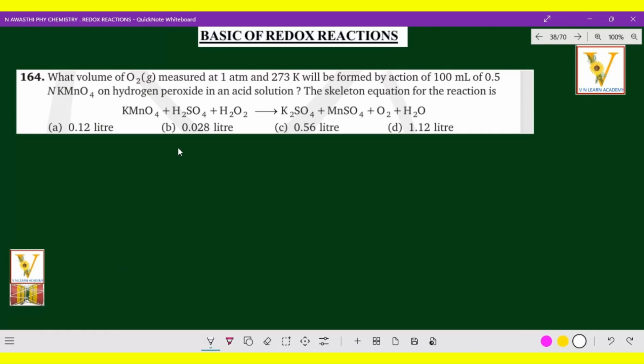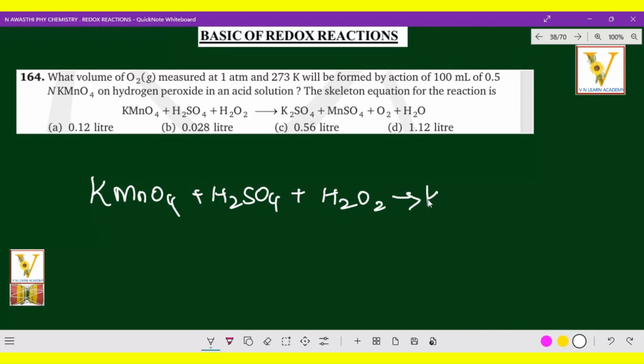Now let me write this equation clearly here, so it will be easy for us to balance it. KMnO4 plus H2SO4 plus H2O2 gives K2SO4 plus MnSO4 plus O2 plus water.